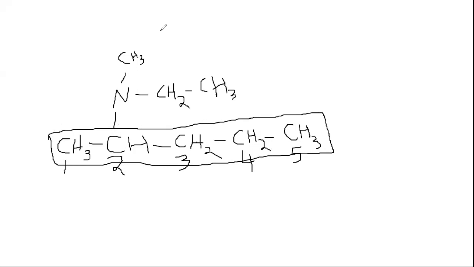So this chain is called 2-pentanamine. Why are we calling it 2? Because nitrogen is attached to carbon at 2. And in the longest chain, we have 5 carbons.